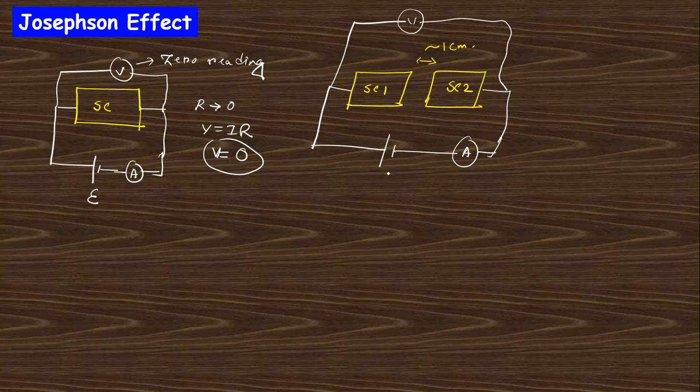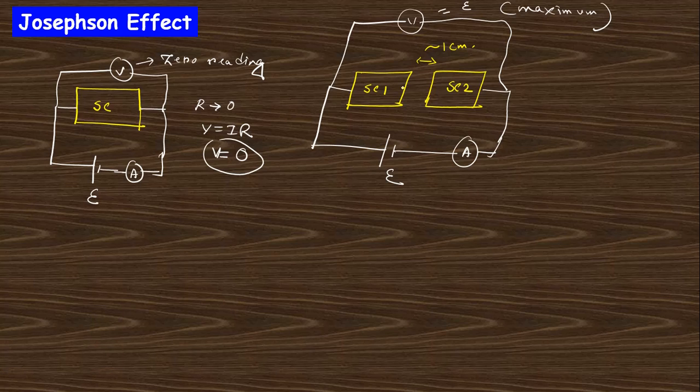You can see that there is no current flow and the voltmeter gives you the maximum value.